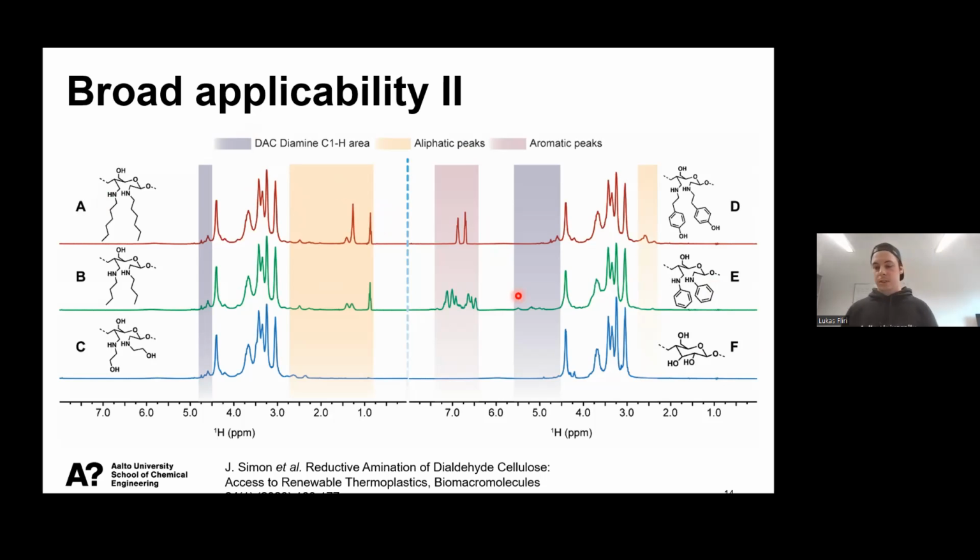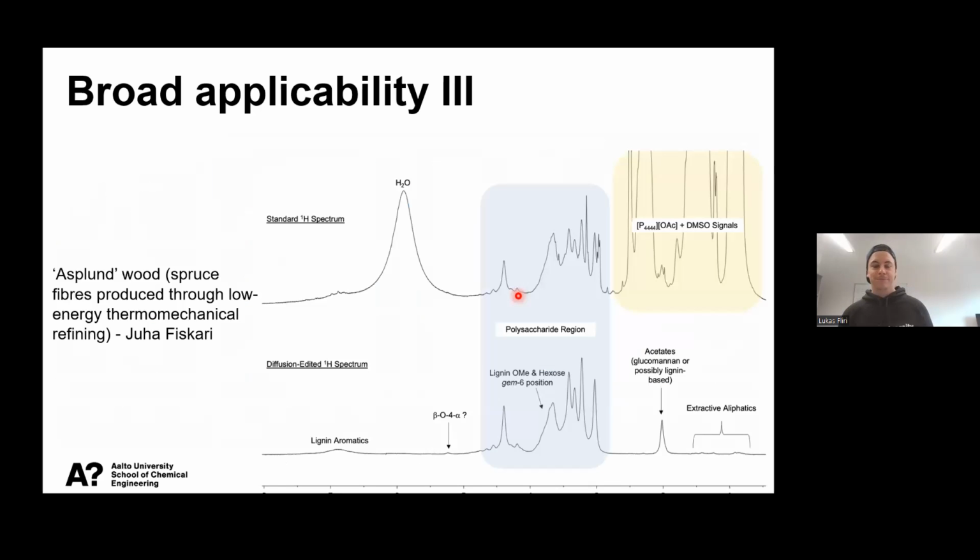And also another application I want to highlight, to show that it dissolves a lot, is this milled spruce wood sample. So this NMR electrolyte can not only dissolve cellulose, but also different other constituents of wood, though it is not optimized for these purposes yet.